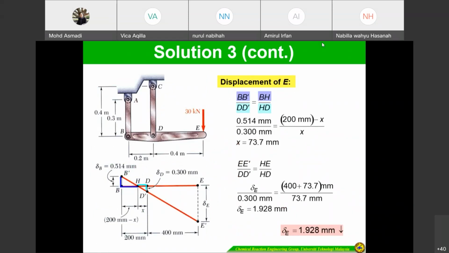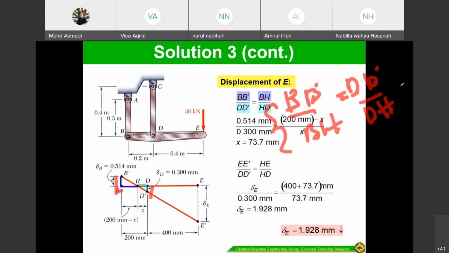Actually we do like this: BB' divided by BH equals, because this is the same length, the same ratio, D' divided by DH. The ratio is going to be the same because of the deflection. So just rearrange, this one goes to here, and this one goes to here, so you can get this one.